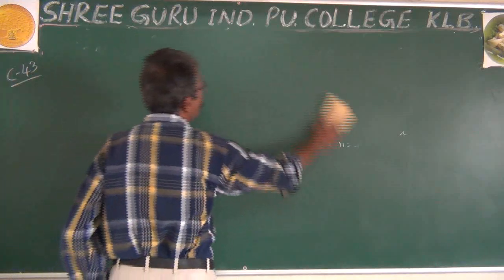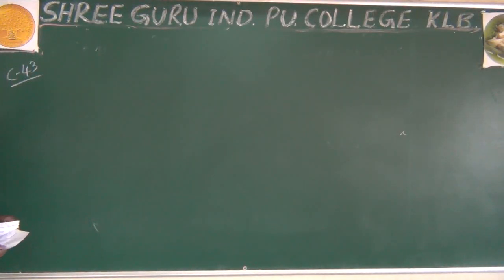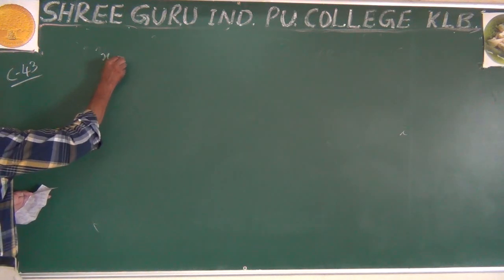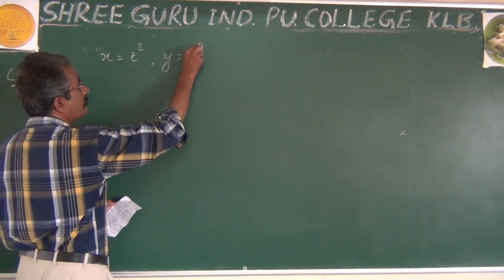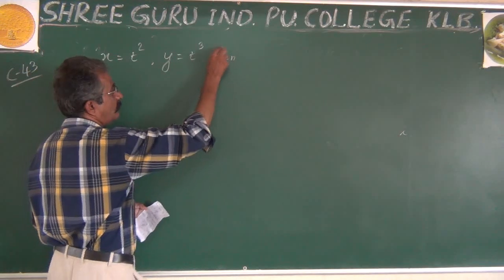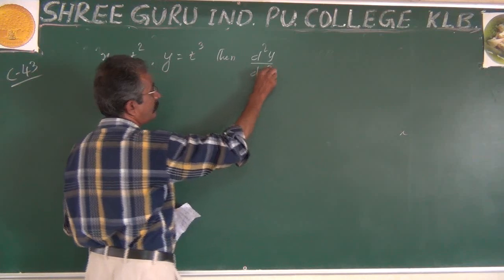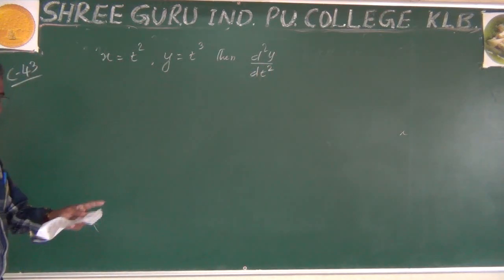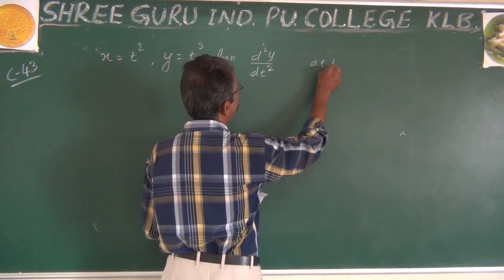Next question. If x equals t square, y equals t cube, then what is the value of d2y by dx square at t equals 1?